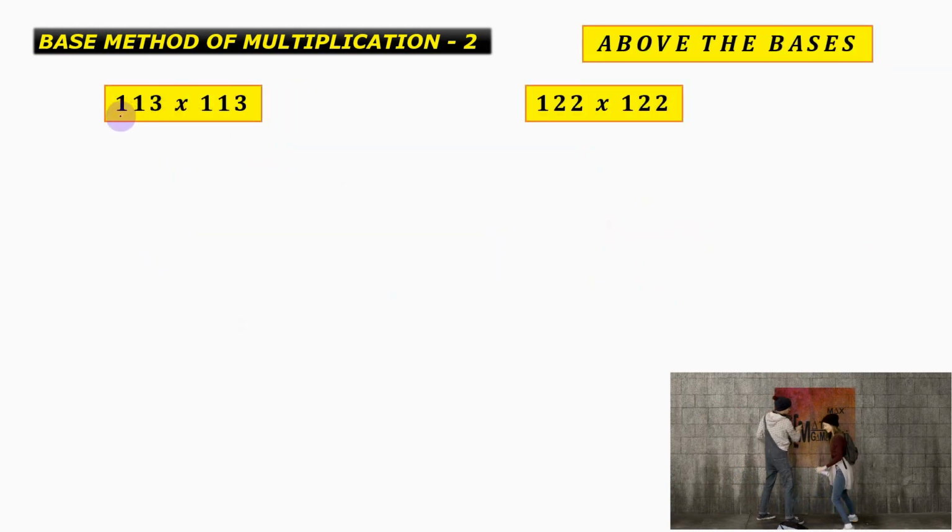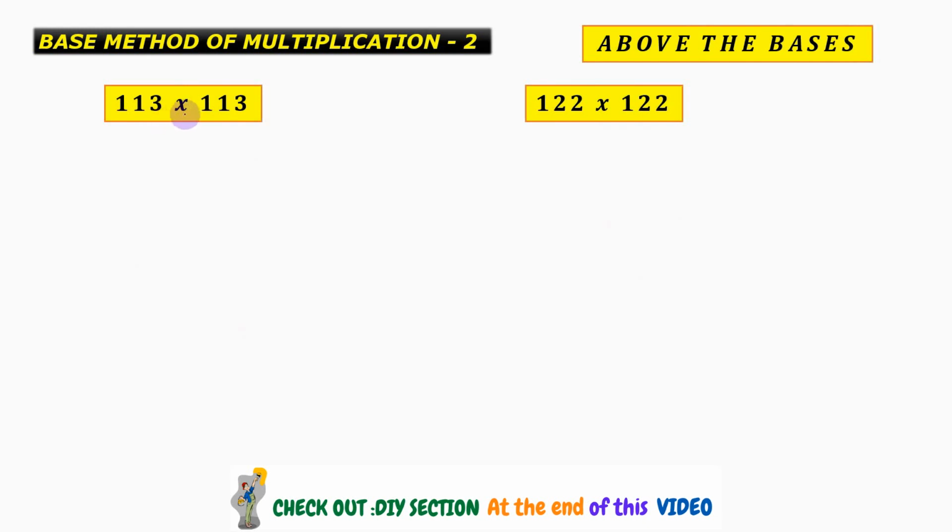So here we have the square of the number 113 and the square of the number 122. Now we will solve the square of the number 113, but we are simply going to write down the answer for the square of the number 122. Okay, do it yourself and make sure that your answer matches my answer.